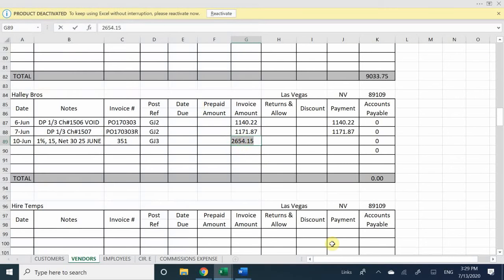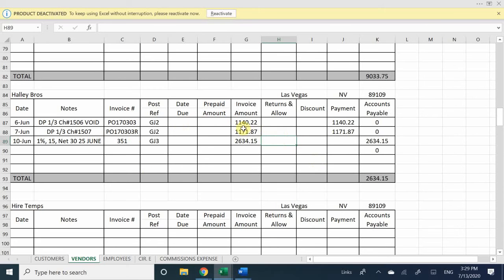So this is 263415. Okay. So if I were to calculate that, if I have my correct formula, that means I owe Hallie Bros as of right now $2,634.15. Okay, so that's how much I owe them.